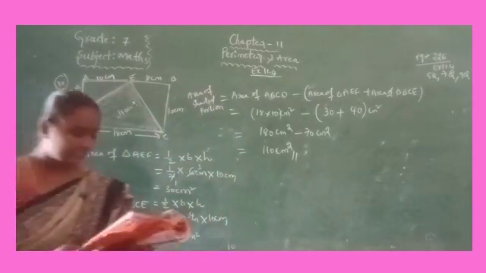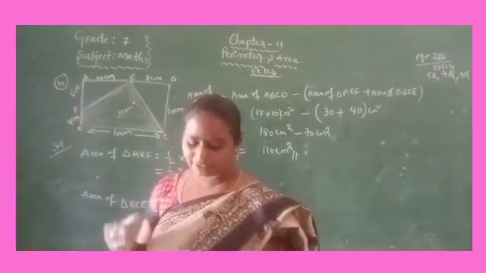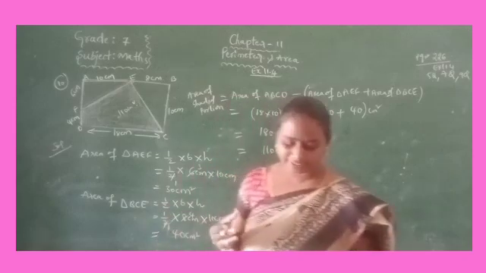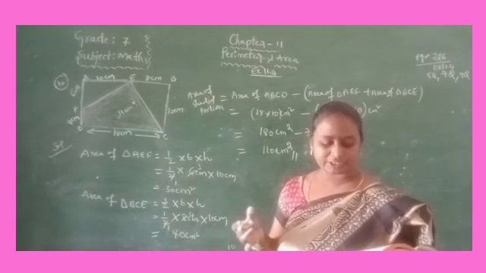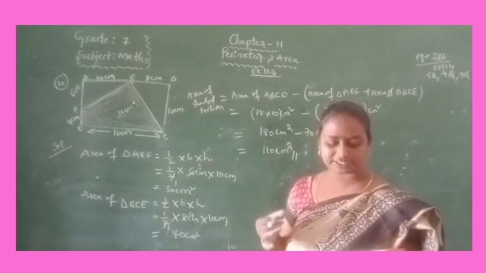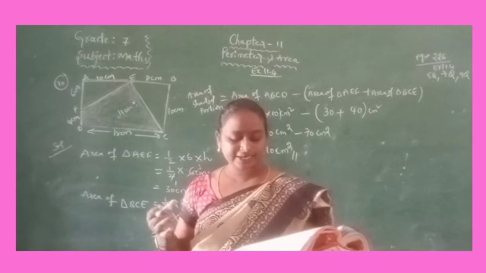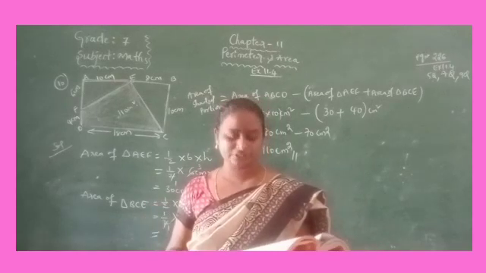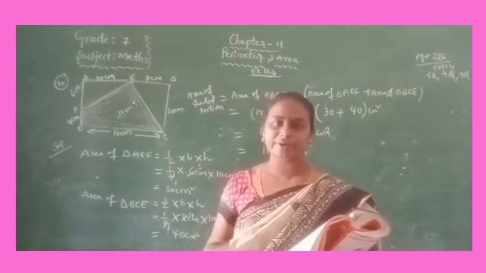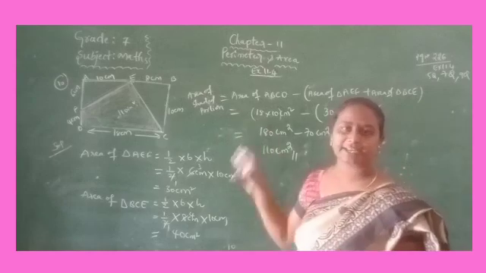Similarly, in the 10th question, the second one also has a given figure. How many triangles are formed there? Three triangles: triangle PQT, triangle STU and triangle QRU. And quadrilateral QTU is the shaded portion. That part you have to find. Same, first find the area of the three triangles.